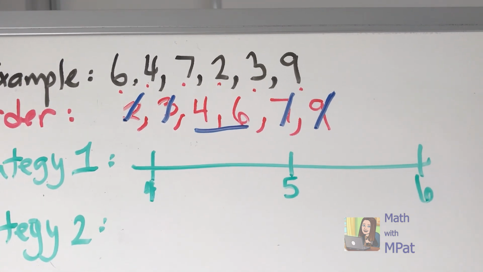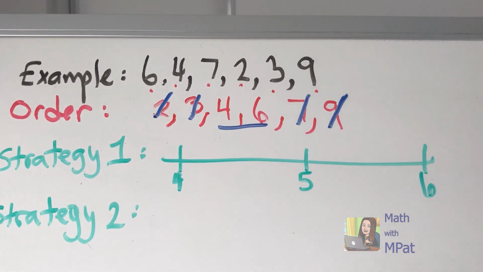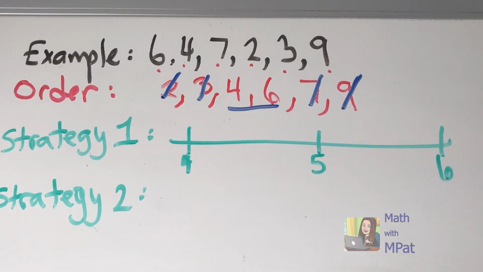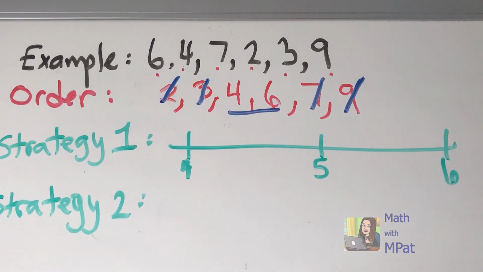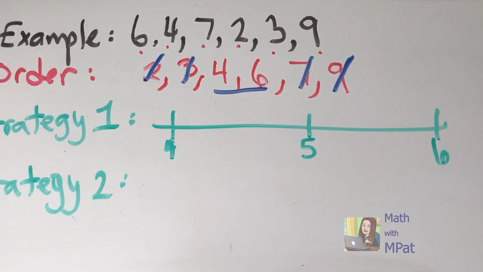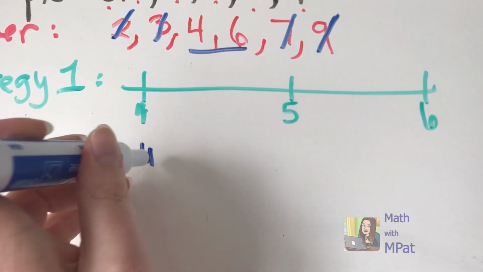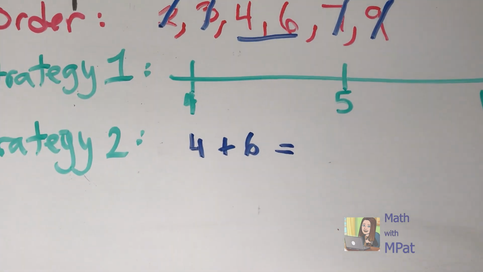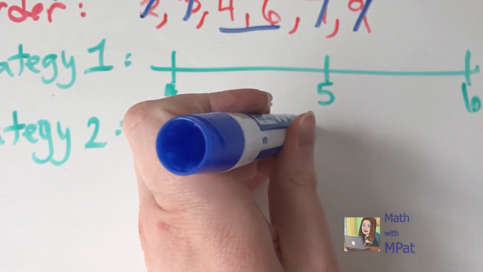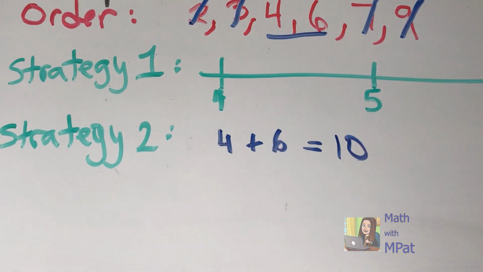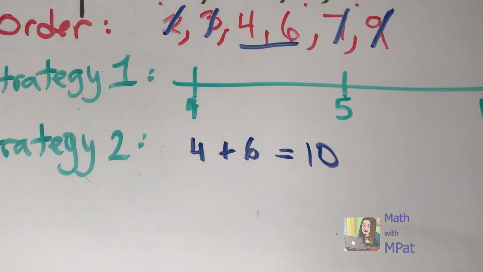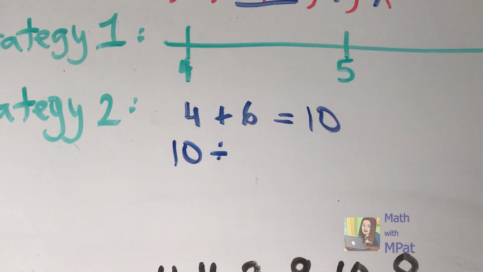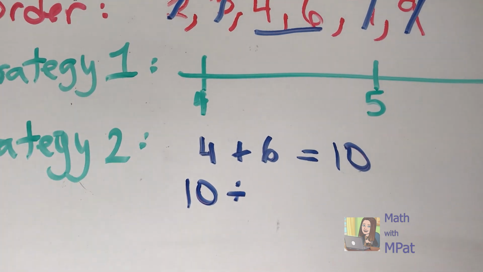But I'd like to use strategy 2 to double check my work. Here, we're going to be using addition and division. So we're going to add and divide, 2 steps. I'm going to start by taking 4 and 6, and I'm going to add them together. That's going to give me 10. That's the first step. The second step is to take 10 and divide it. We need to find what the middle of 10 is.